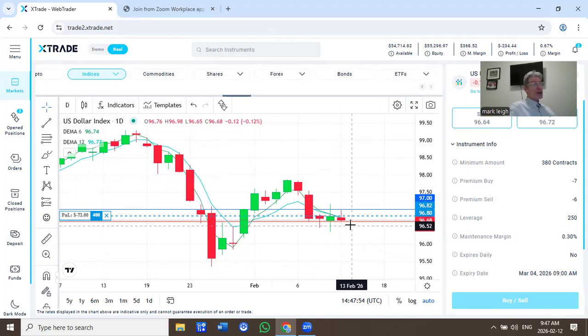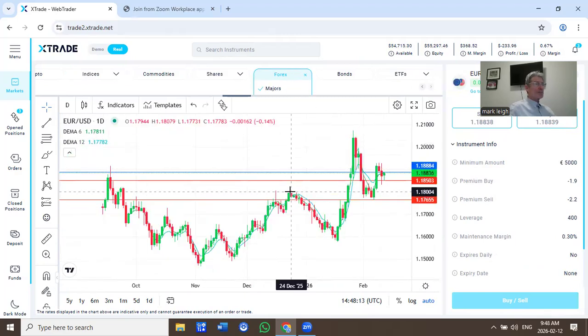If US dollar buyers do step in and we get a turnaround from weak to strong US dollar off this level of the 96.65 area, support area, resistance is sitting at 97, and that's the level buyers will be looking at on the upside. Let's have a look at the majors.